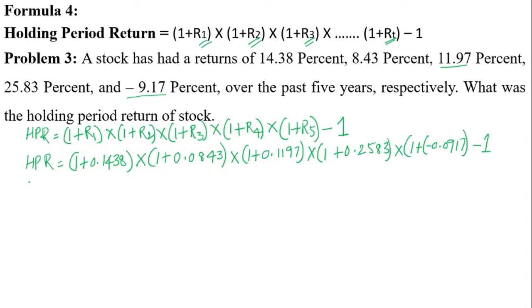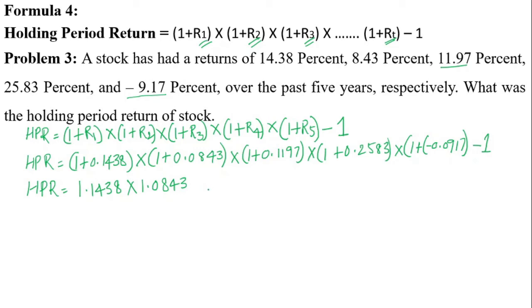Now, holding period return is equal to 1.1438 multiplied with 1.0843. What are we doing? We are just adding the 1 plus 0.1438.